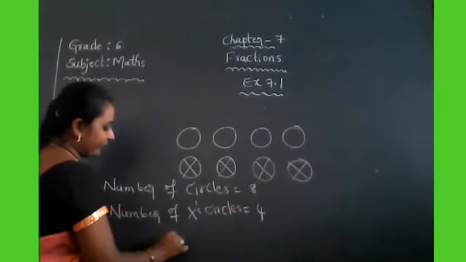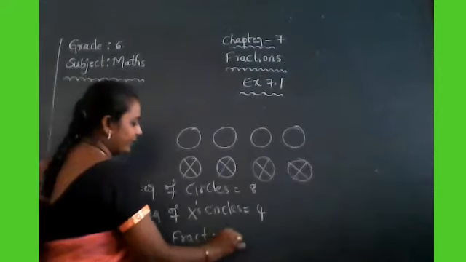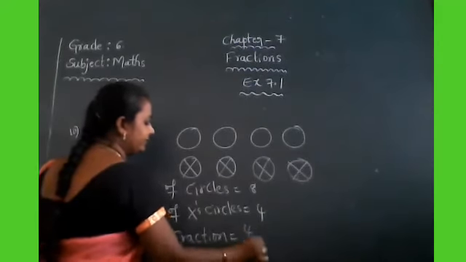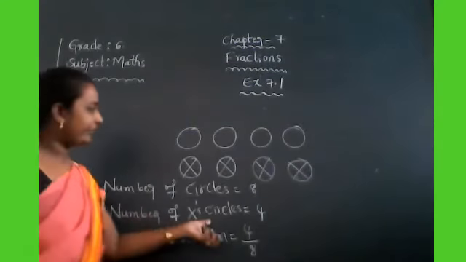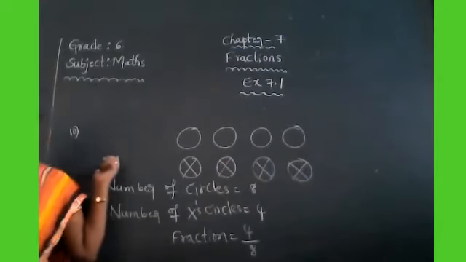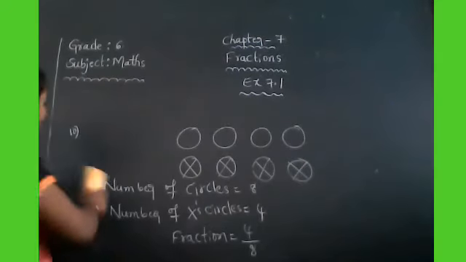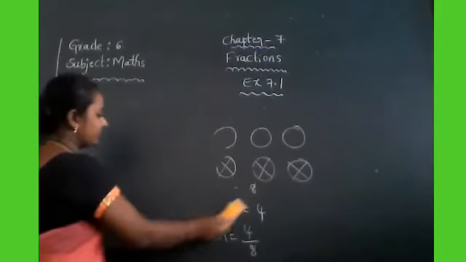So then the required fraction, how will you write this? Very good, 4 by 8. 4 by 8 is the fraction for this question. So this is the 10th question. Very good. Next children, and the last one, the 11th question.